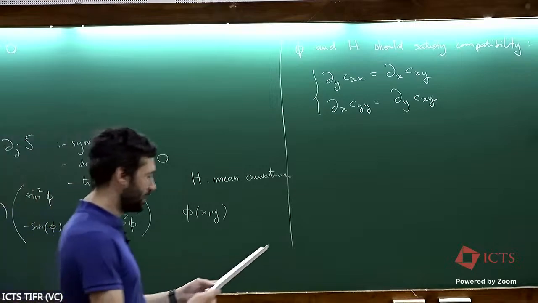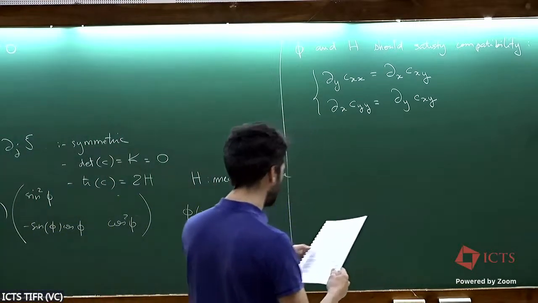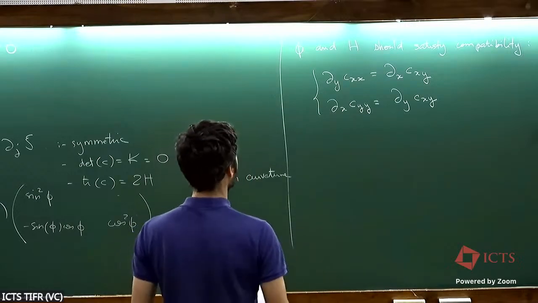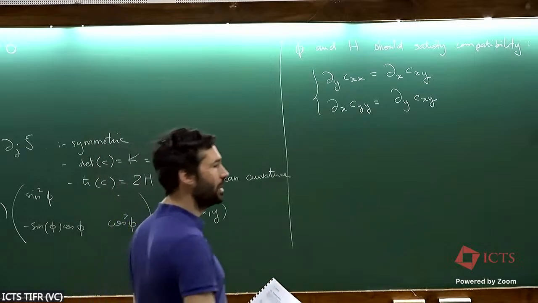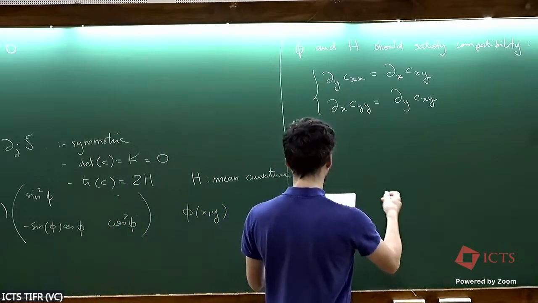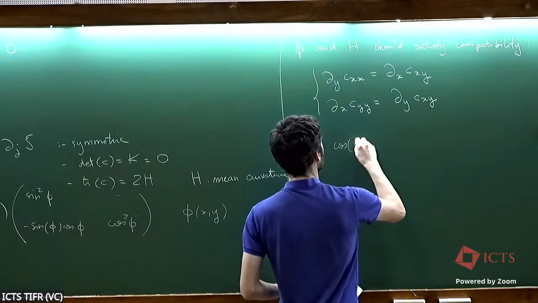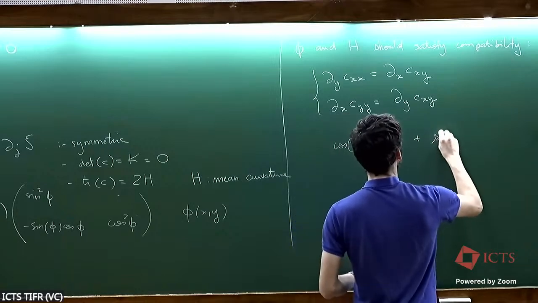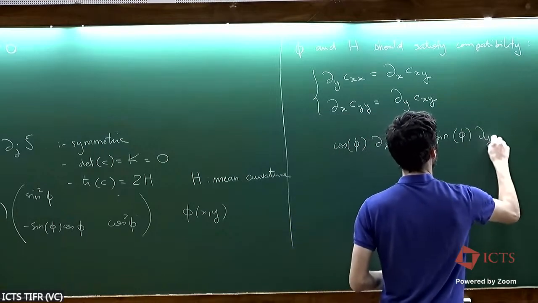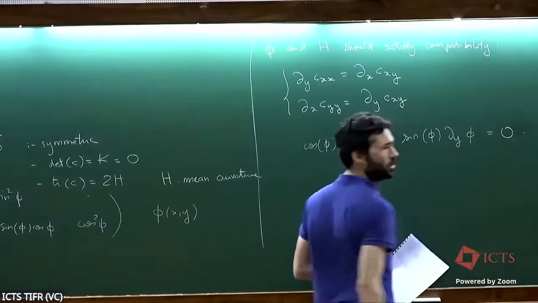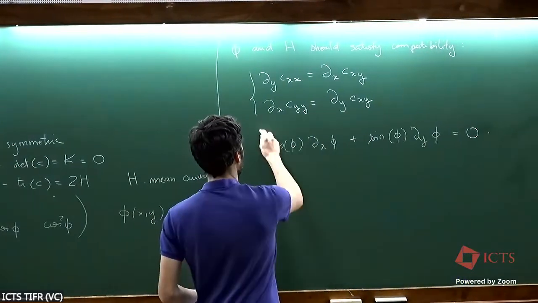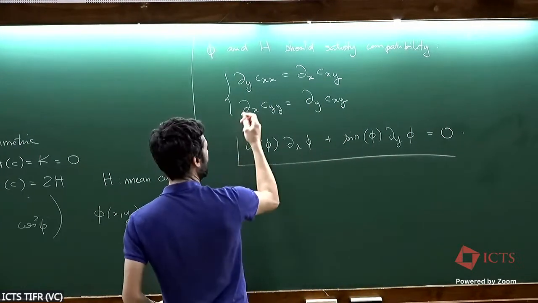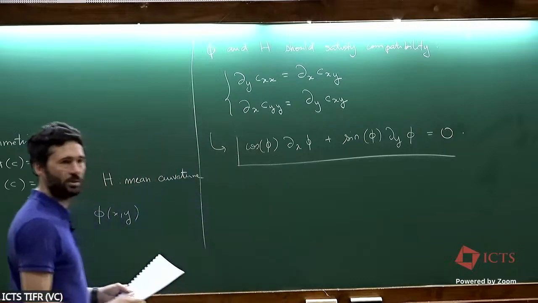There is a way to eliminate h from the equation, and you arrive at an equation for phi, which is cos phi d_x phi plus sin phi d_y phi equal to 0. Expanding and combining, we arrive at this.